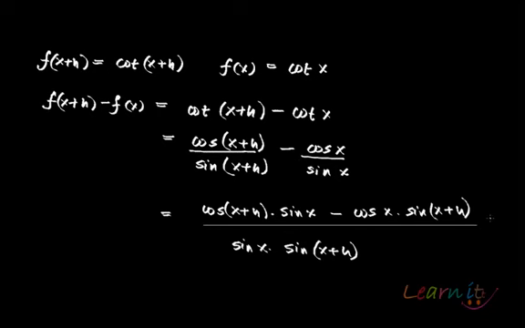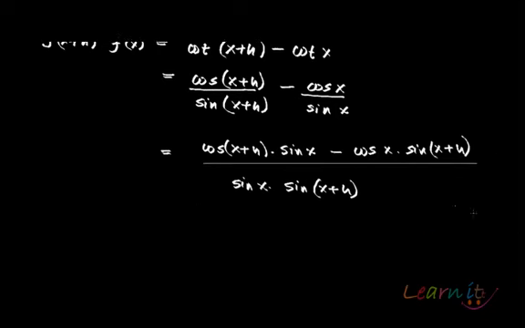So this is also your sine of a minus b formula, which gives sine of (x minus x minus h) divided by sine of x into sine of (x plus h).